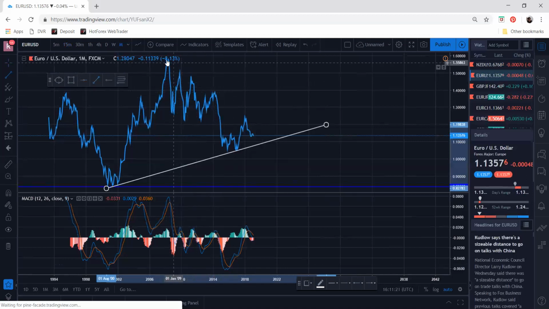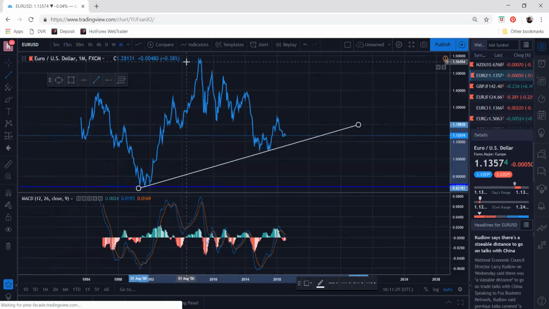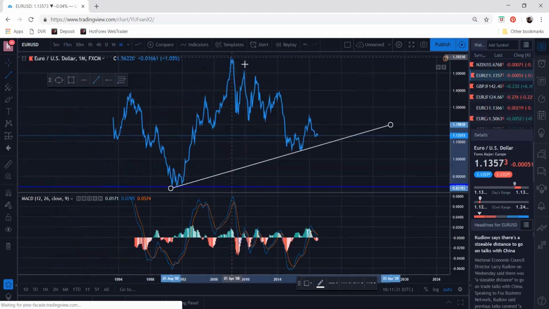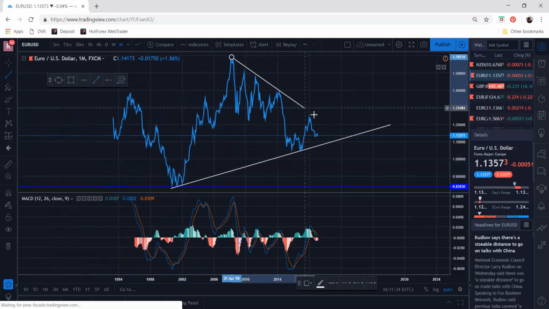So from 2008 to now, price has been decreasing. So we can look at this and see, all right, more recently, this has been a downtrend.